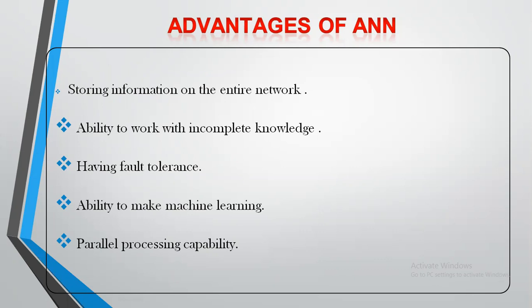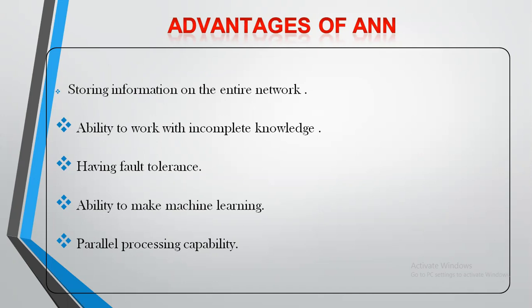That means if pieces of information are missing from the whole information, it won't affect the processing and it won't affect the output. The network may produce output even with incomplete information, that is, incomplete knowledge.